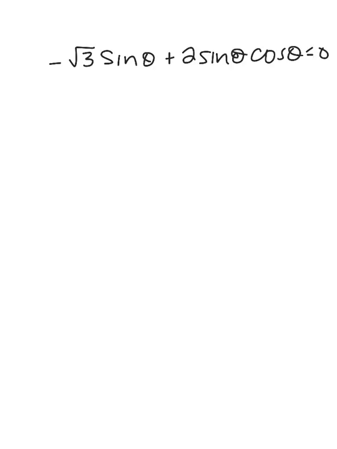All right, so we have to solve. This is no calculator, so this is the one where you're going to use your left hand with your fingers. So I have negative the square root of 3 sine theta plus 2 sine theta cosine theta equals 0. So my let statement is going to be let x equal sine theta, let y equal cosine theta.